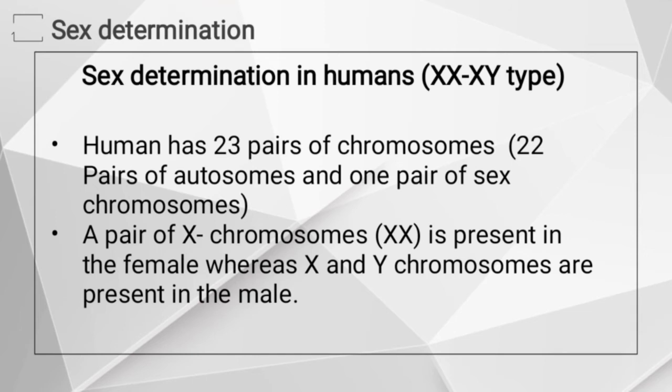A pair of X chromosomes is present in females, whereas X and Y chromosomes are present in male. Remember, we consist of 46 chromosomes, in which 44 are autosomes and 2 are sex chromosomes. In female, 2 X chromosomes are present, but in male, X and Y chromosomes are present.